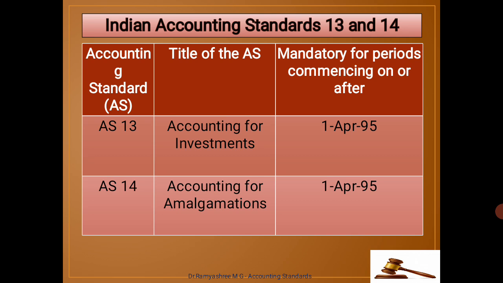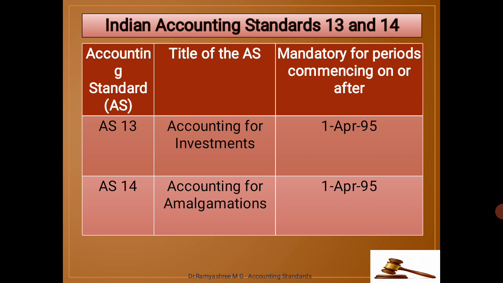Accounting Standard 14 explains accounting for amalgamation. This accounting standard comes into effect in respect of accounting periods commencing on or after April 1st, 1995 and is mandatory in nature for all enterprises.